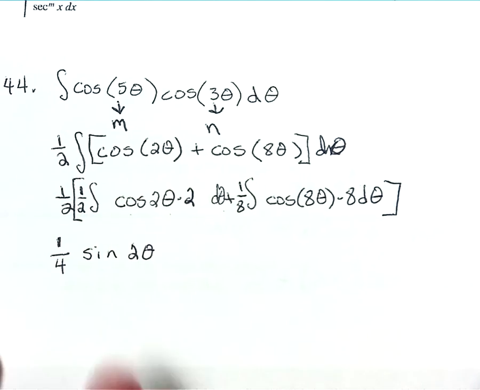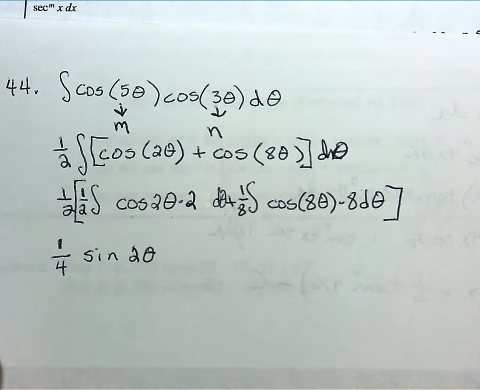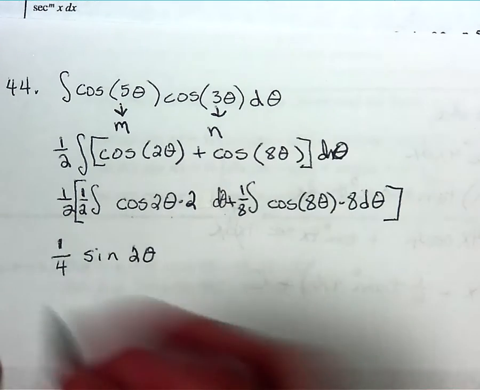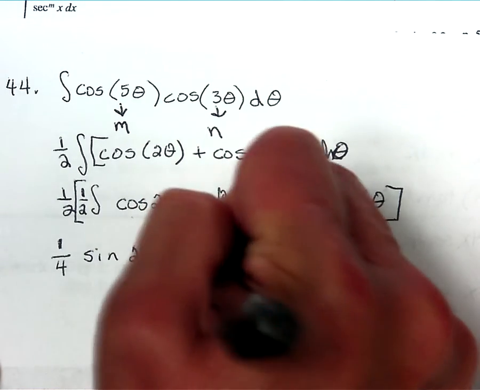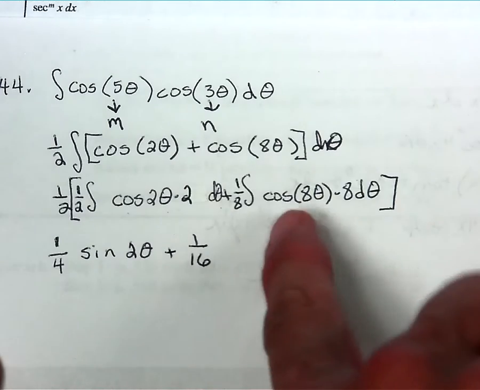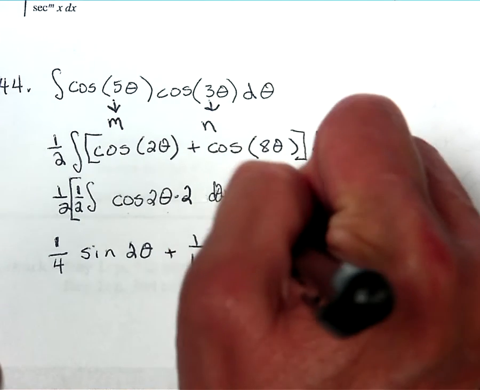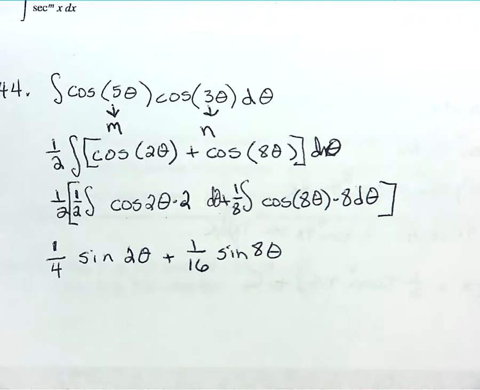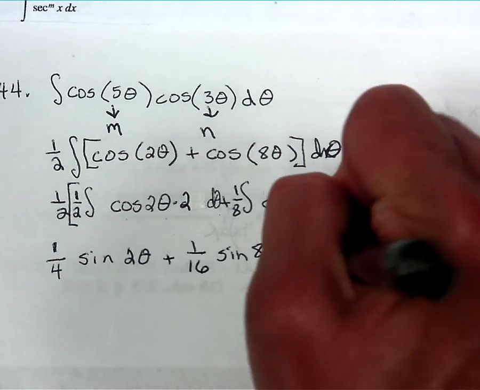And I double check that when I differentiate sine, I do get positive cosine, so that's right. And here, I'm going to multiply that half times an 8, which is a 16th. The antiderivative of cosine 8 theta is sine 8 theta. Factor out a 1/16 if you want to. Plus C.